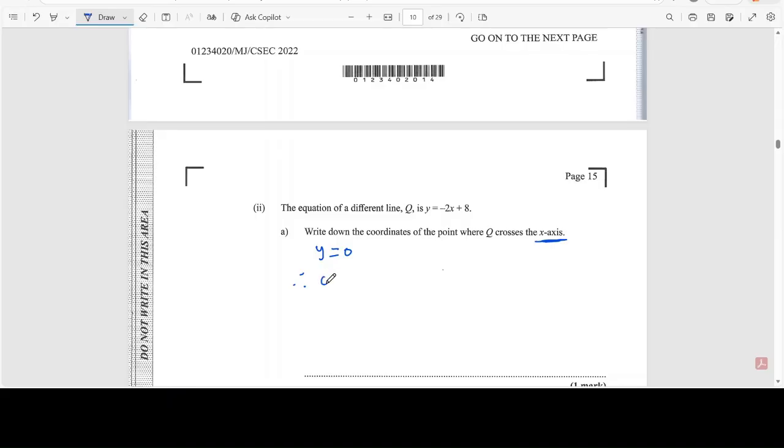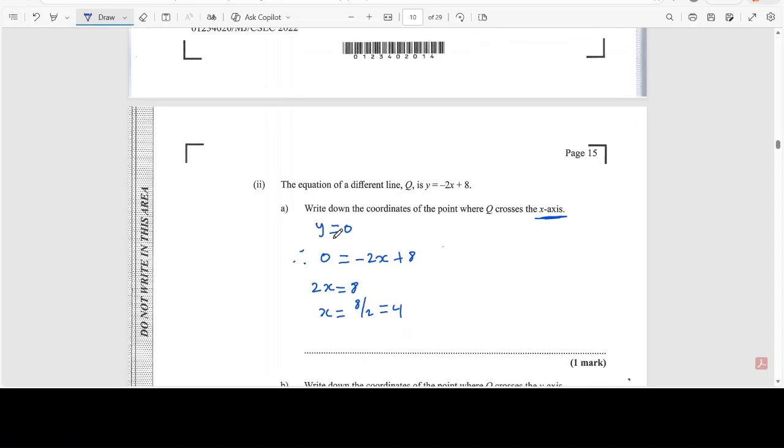So 0 = -2x + 8. Bring the negative 2x across, so we get positive 2x = 8. x = 8 over 2, which is 4. They ask for coordinates, so the coordinates would be x is 4 and y is 0.